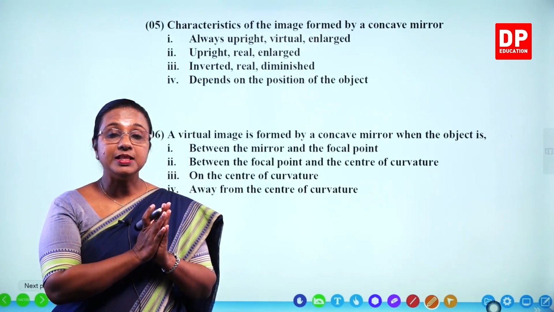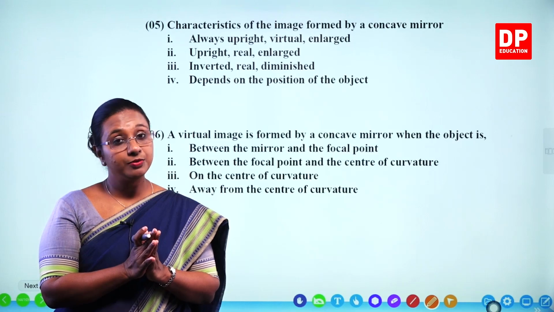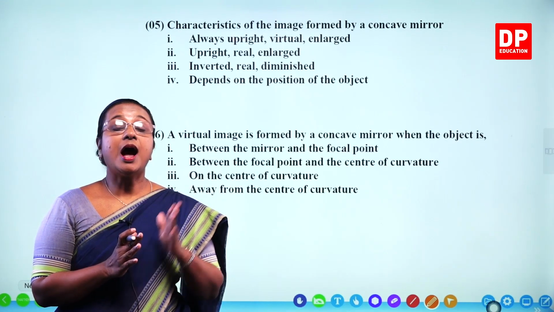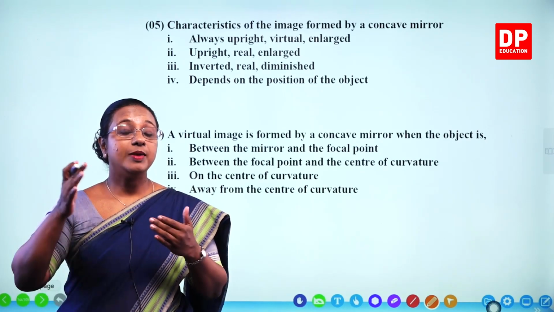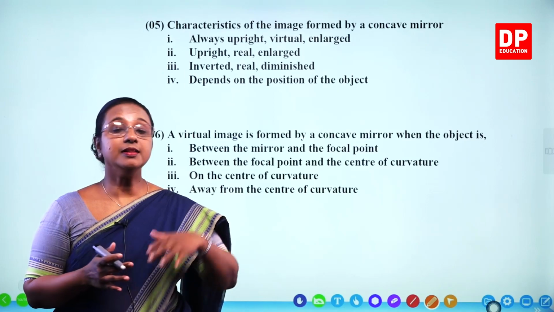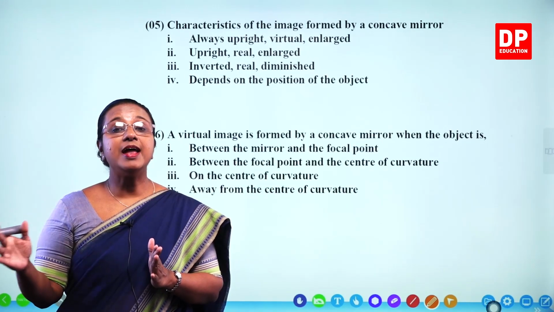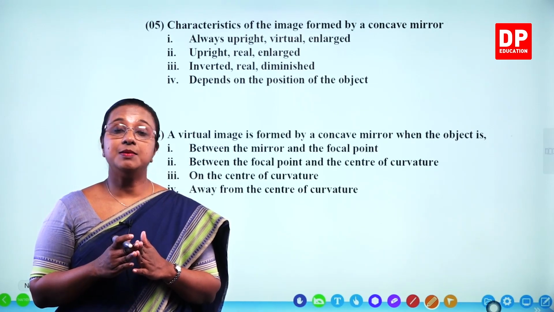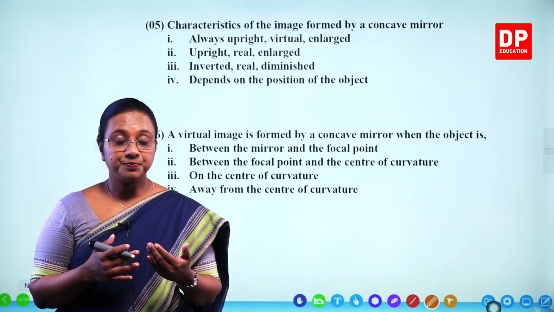When it is between the mirror and the focal point, what do you get? It is an enlarged image, upright image, it's a virtual image. But when we have it on the focal point, the image forms at infinity. Between F and center of curvature, C, the image forms, but it will be inverted and real.